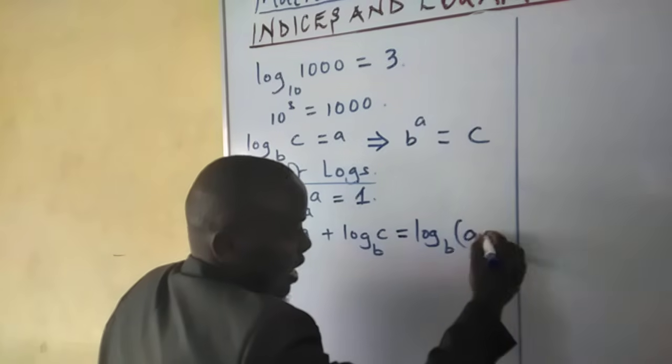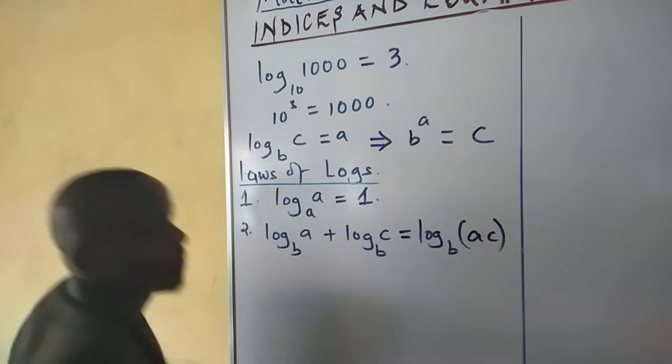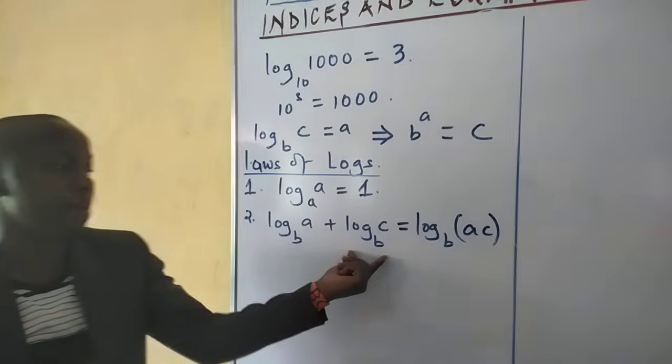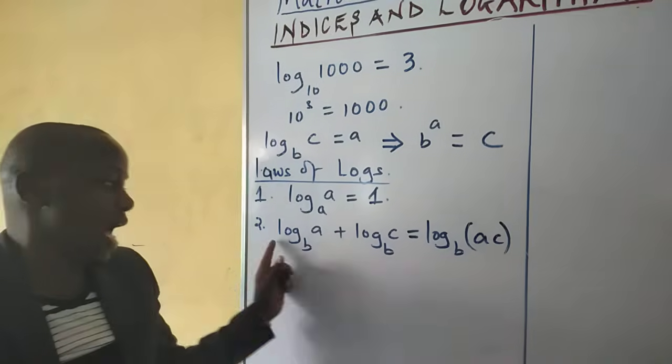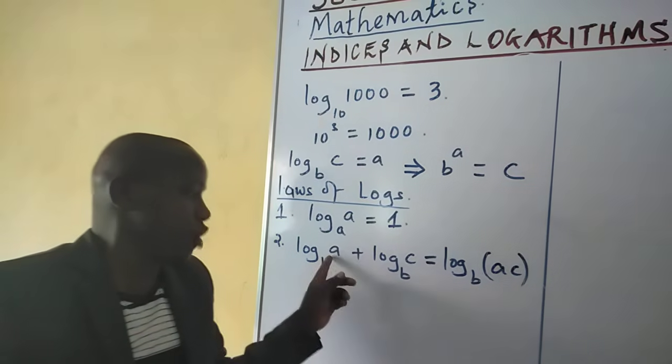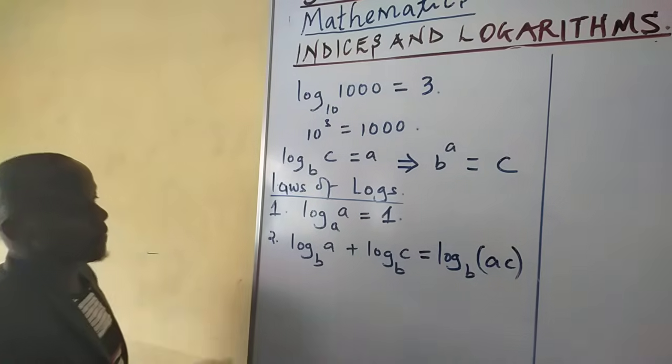Therefore, when the base is the same and we have the logarithms being added, we just take the logarithm to the same base, then we multiply the two numbers.